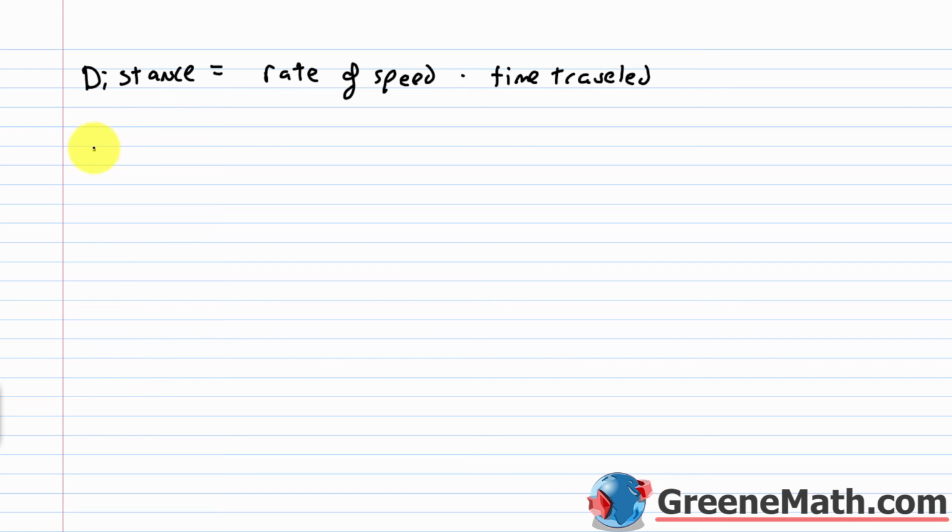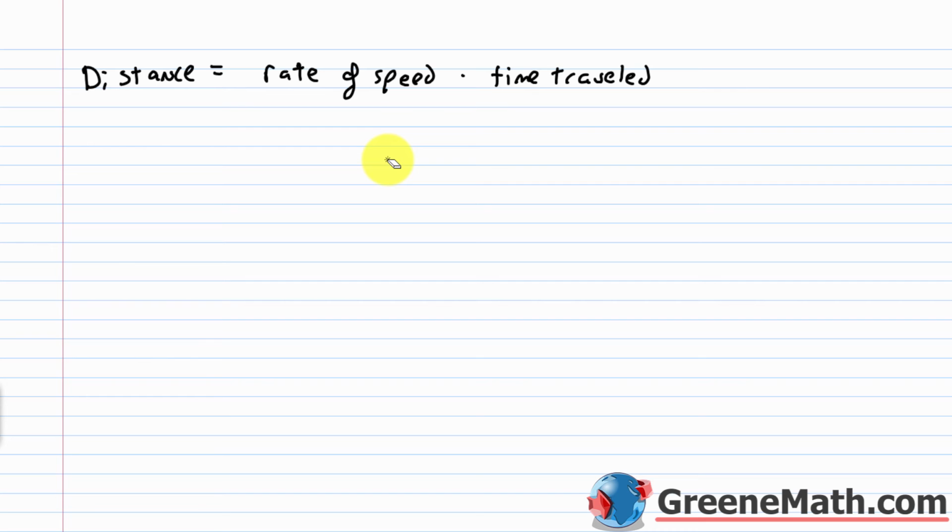So in that case, 100 is equal to rate of speed of 50 times time traveled 2. And I left the units out just for simplicity, but this is 50 miles per hour, this is 2 hours, this is 100 miles. Now, you see that one side equals the other. So if I have a rate of speed and a time traveled, I have a distance, right? I can calculate that.